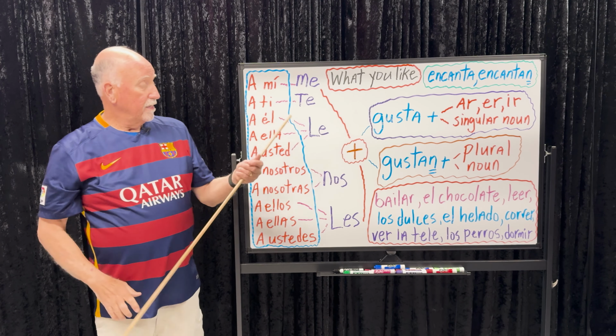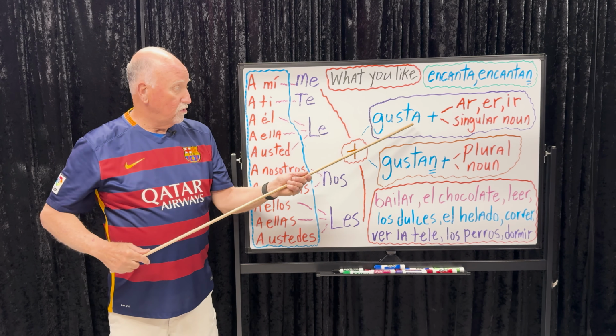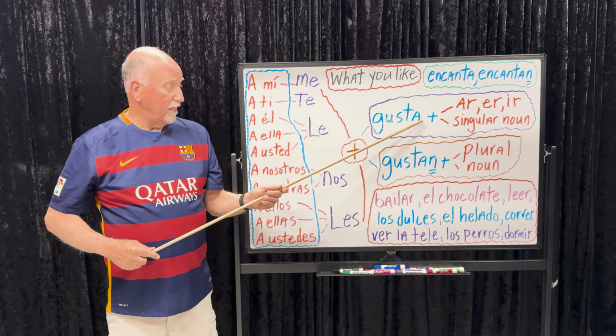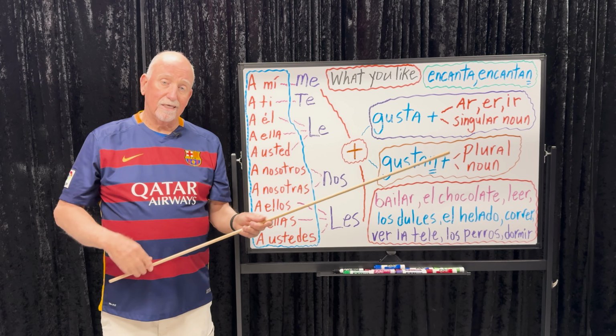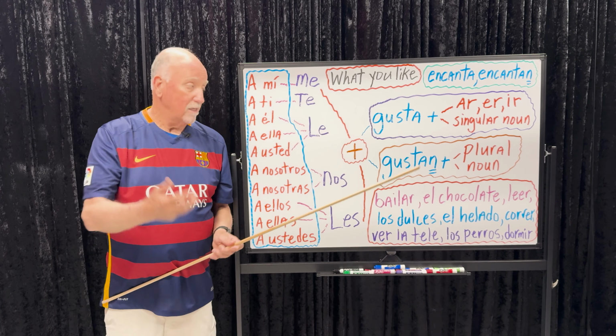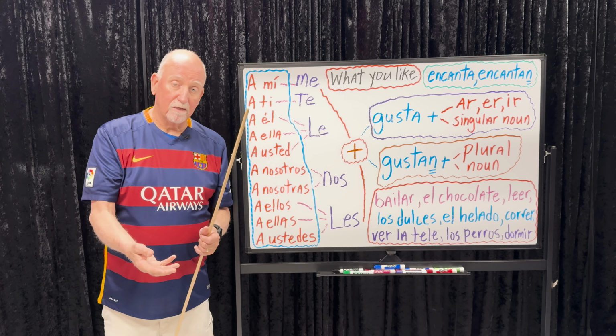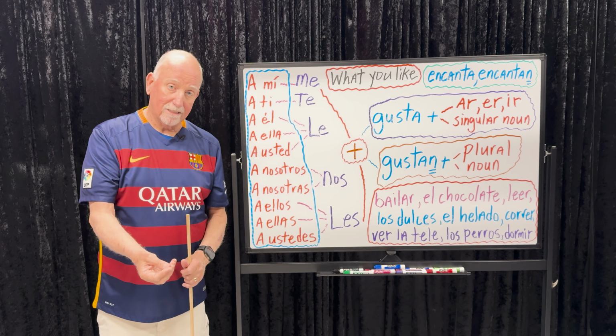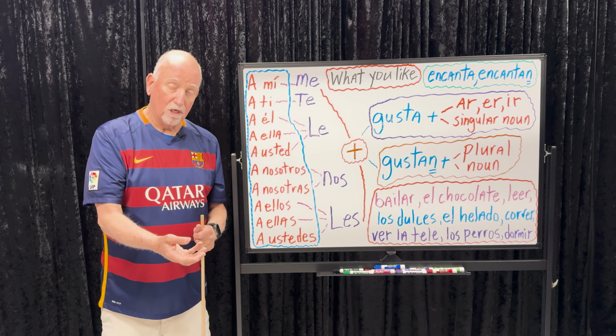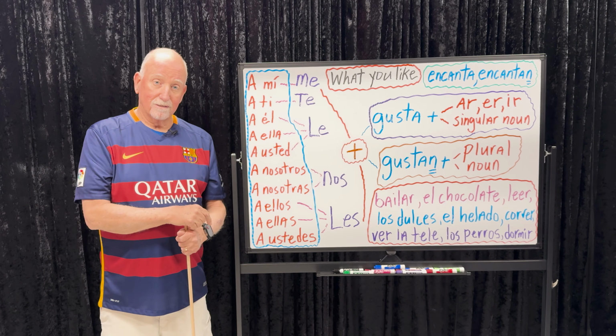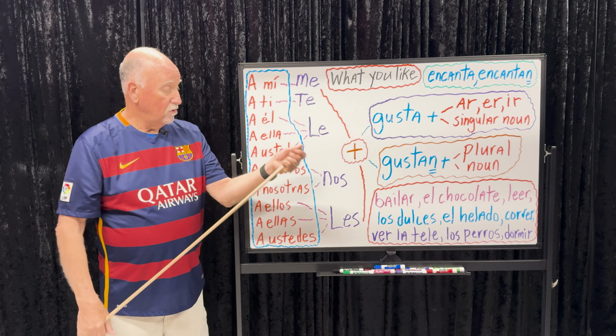Now, if what you like is something to do, you go gusta with the infinitive. If what you like is a singular noun like el chocolate, el libro, el perro, la casa, you're going to go with gusta. If what you like is plural like los libros, the books, las casas, houses, los perros, los dulces, right? Then you're going to go gustan.